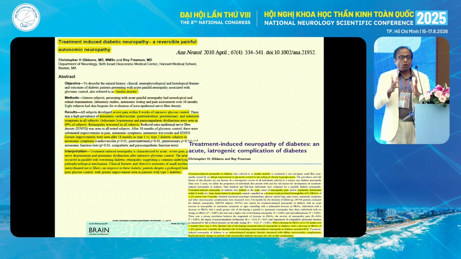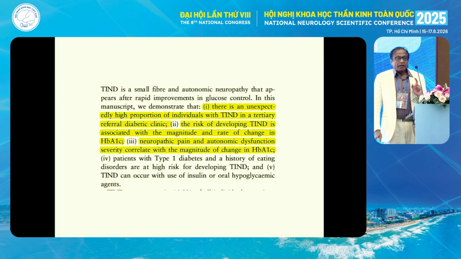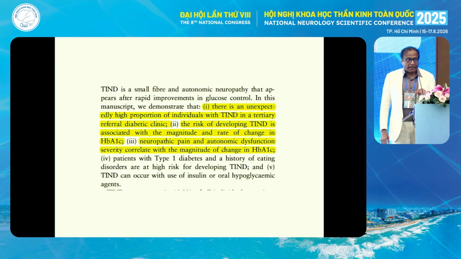So this patient had all the features of treatment-induced neuropathy of diabetes. And that's beautifully summarized in this paper, so I'm going to read to you. There is an unexpected high proportion of individuals with TIND in tertiary diabetic centers because of their emphasis on very tight blood sugar control. The risk of developing TIND is associated with the magnitude and the rate of change.